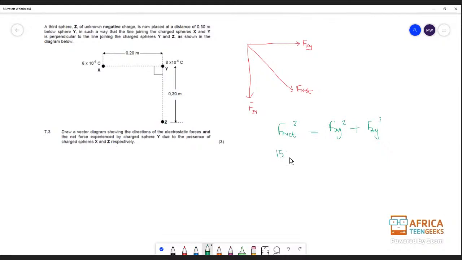So you say 15.2 squared is equal to our FXY squared, and we worked that out in the previous question, which was 10.8 squared plus your F of Z on Y force squared.